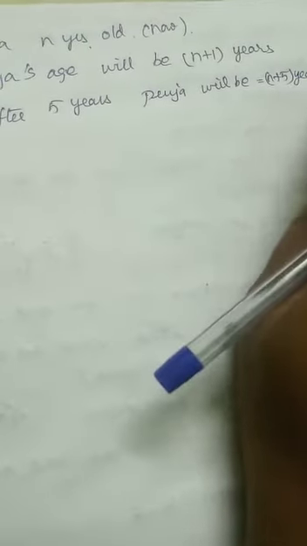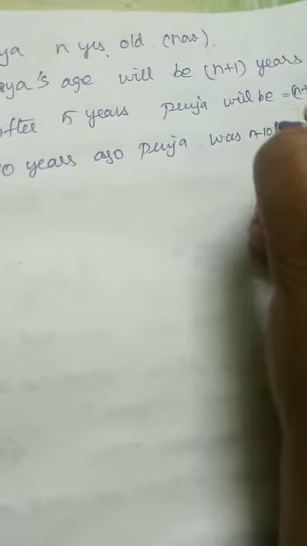And you have another question. 10 years ago, Priya was, what is her age? Isn't it? 10 years ago, we can write Priya was n minus 10 years. For example, Priya's age is 25 now.